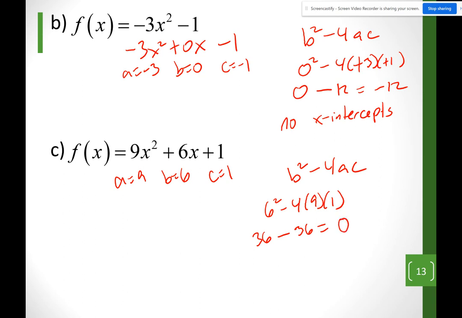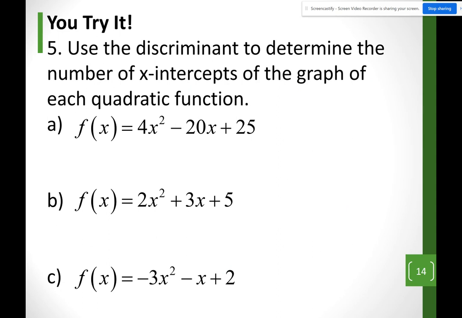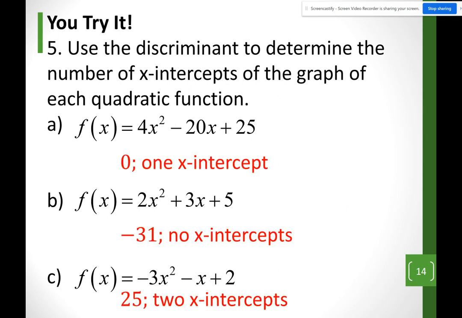When my discriminant is 0, I get 1 x-intercept. Here it is for you guys to try at home. I gave you the value of the discriminant, and whether it was 1 x-intercept, no x-intercepts, or 2 x-intercepts, based on your discriminant.